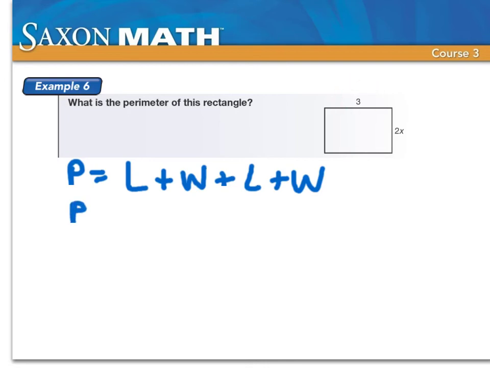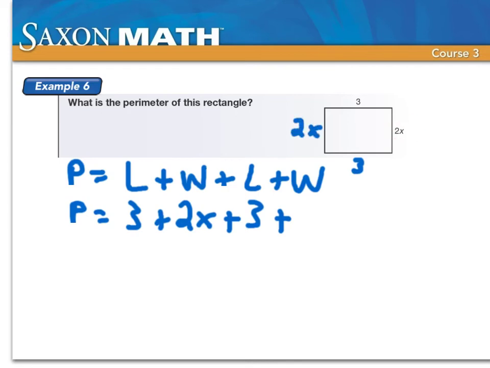So now I've got my perimeter equals 3 plus my width is 2x plus my other length here is 3 plus, and then my other width has to be the same as this width, so it's the same as 2x. So I got 3 plus 2x plus 3 plus 2x for my perimeter.